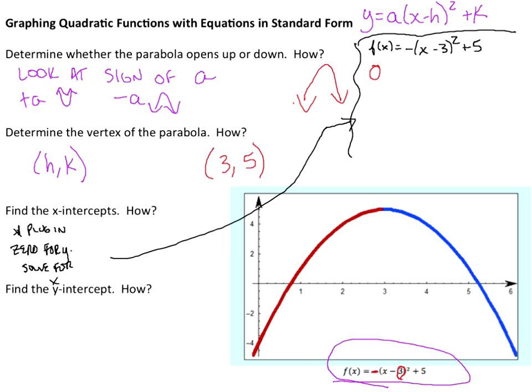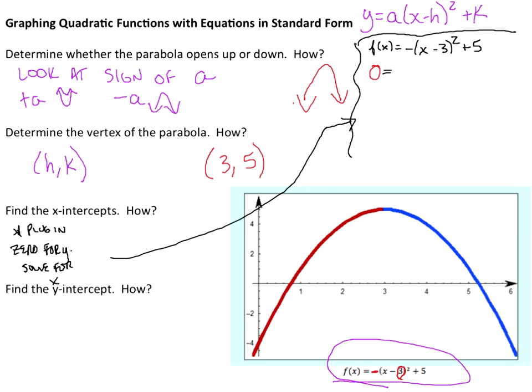So that's 0 equals negative (x minus 3) times (x minus 3). Actually, I'm going to do it a different way.